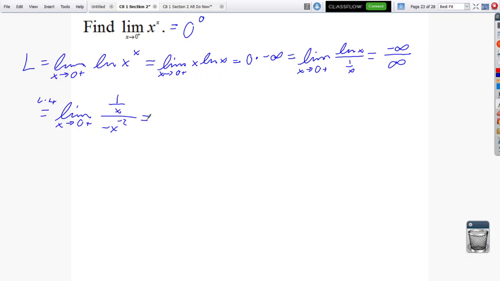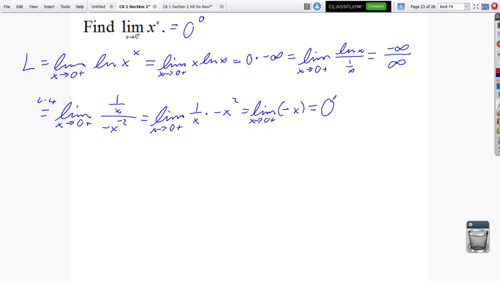I know that I want to rearrange this to make it easier to evaluate. Limit x approaches 0 from the right, 1 over x times negative x squared. That cancels off one factor. I'm left with the limit as x approaches 0 from the right of negative x, which doesn't matter what I plug in there, it's just 0.